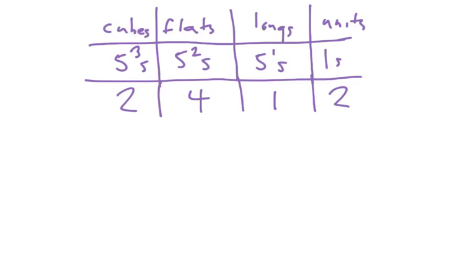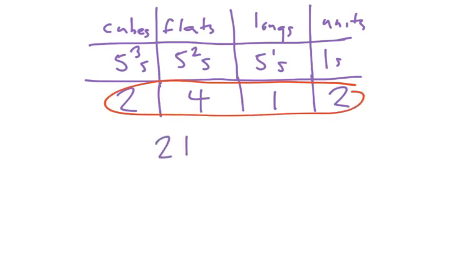And if I write this in this chart like that, then the number in base 5 jumps right out at me, because my place values in base 5 are 1s, 5s, 5 squareds, and cubes, or cubes, flats, longs, and units. Our number is simply this bottom row, and it is 2, 4, 1, 2 expressed in base 5. That's it. That's how you make that conversion.